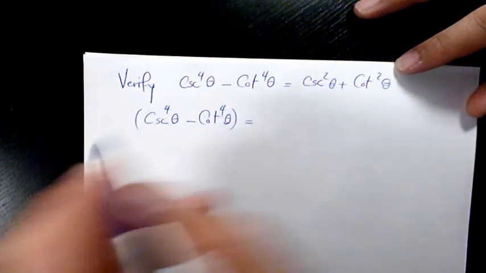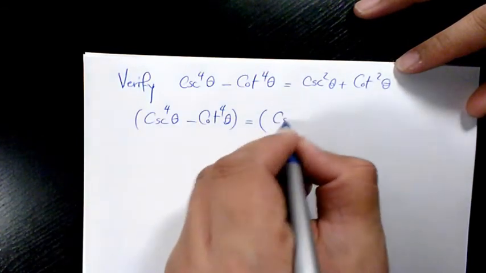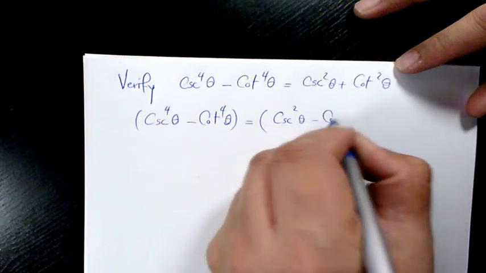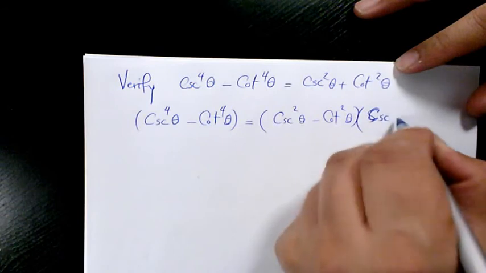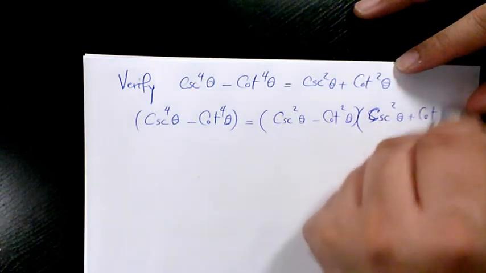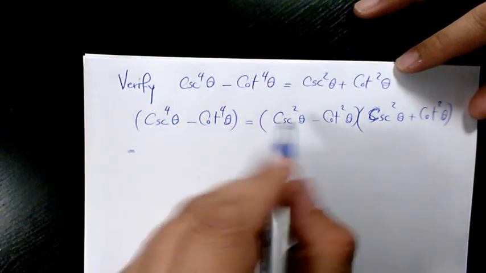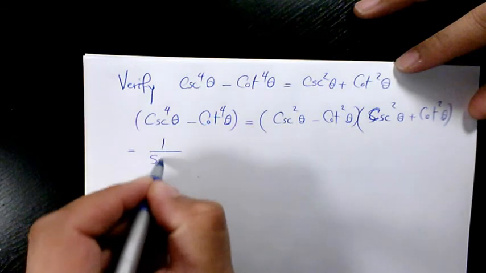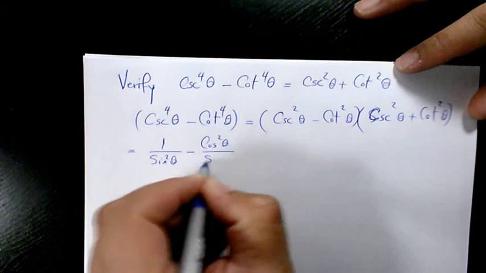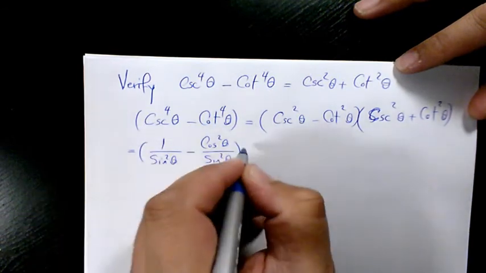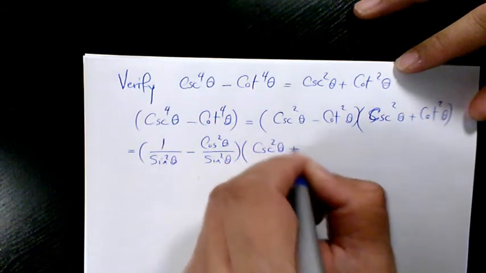If we use the factor method, difference of squares, it's going to be cosecant squared theta plus cotan squared theta. Now cosecant to the power of 2 is the same as 1 over sine squared theta. Cotan squared is cosine squared over sine squared. Times, I keep this one like that, cosecant squared theta plus cotan.